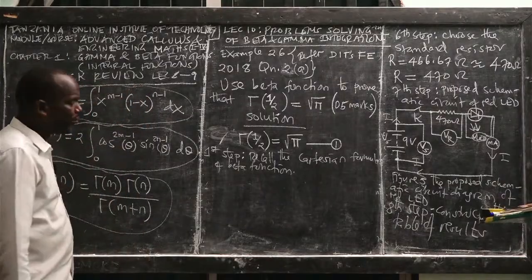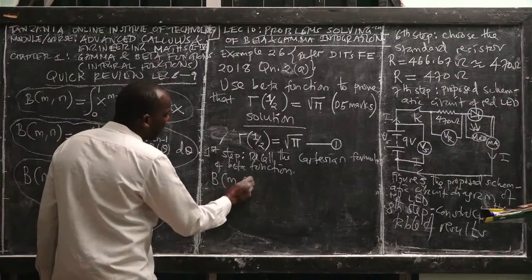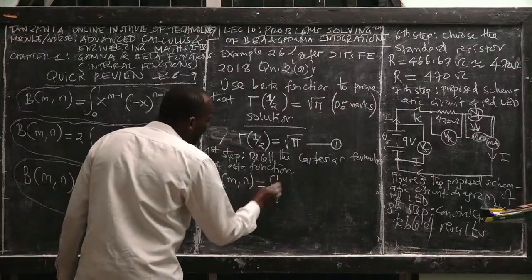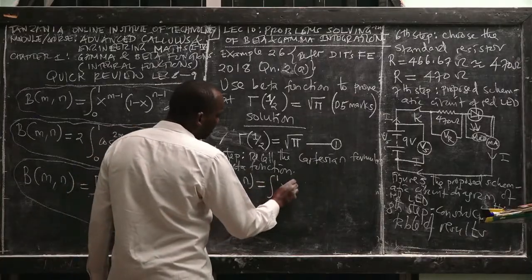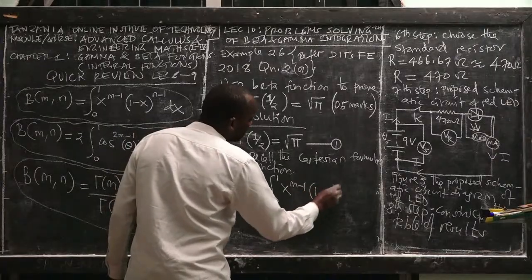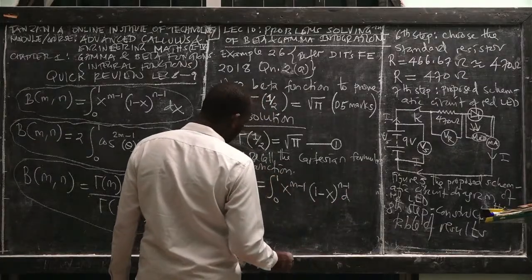What is the Cartesian formula of beta function? It's this one. Beta of m comma n is equal to the integral from 0 to 1 of x to the power m minus 1, then open bracket 1 minus x to the power n minus 1, dx.